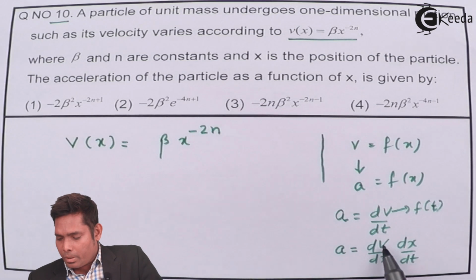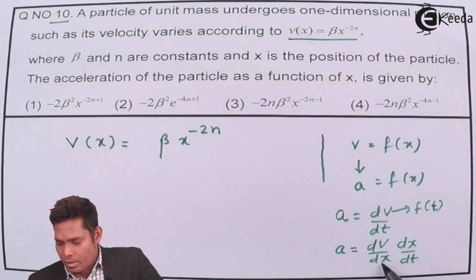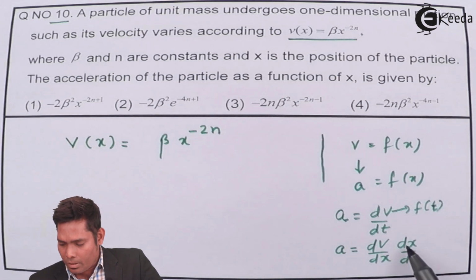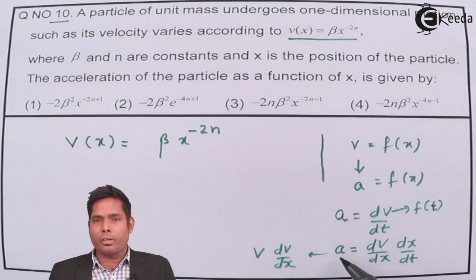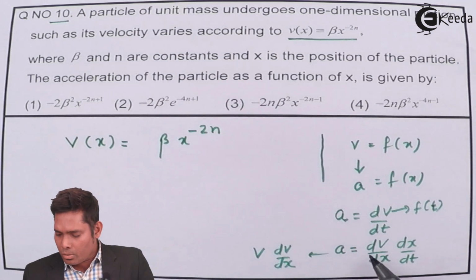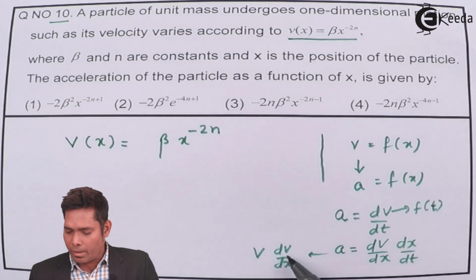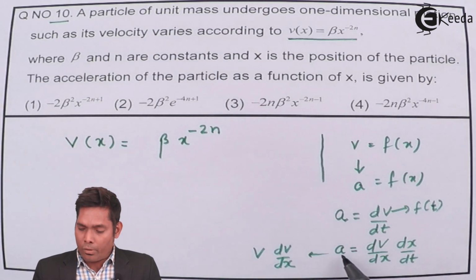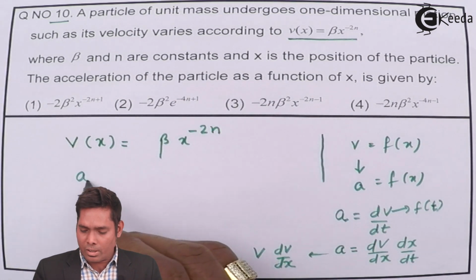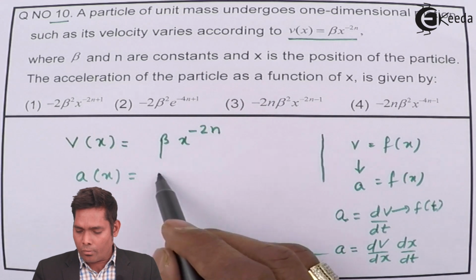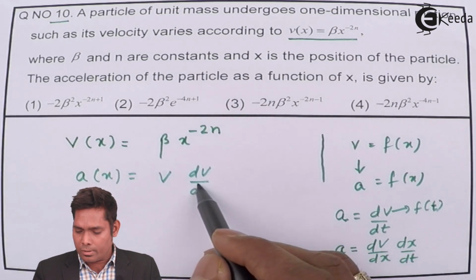I just multiplied and divided by dx, so dx over dt becomes v, and therefore a becomes v dv over dx. This is another formula for acceleration in terms of x. If we are interested in finding acceleration, we have to use this formula, so our acceleration as a function of x should be v dv over dx.